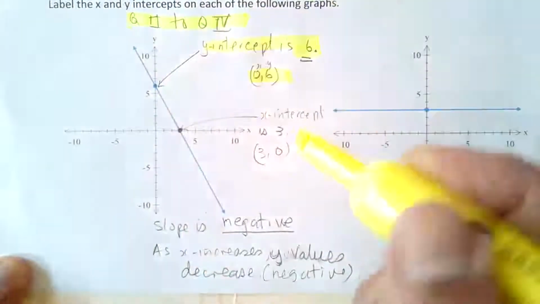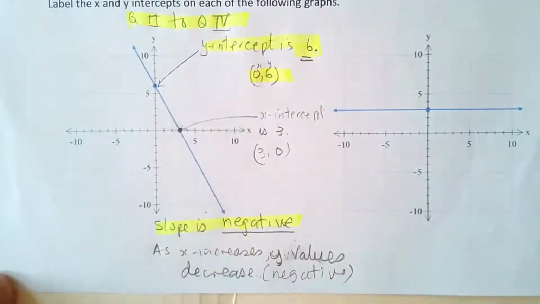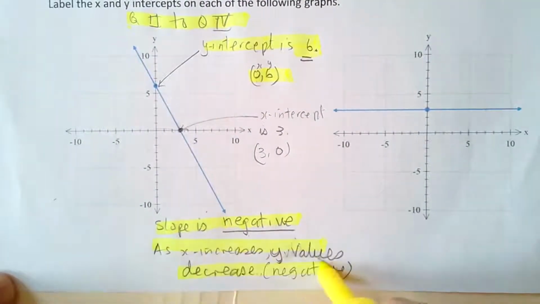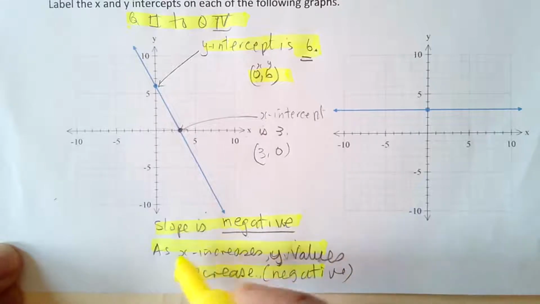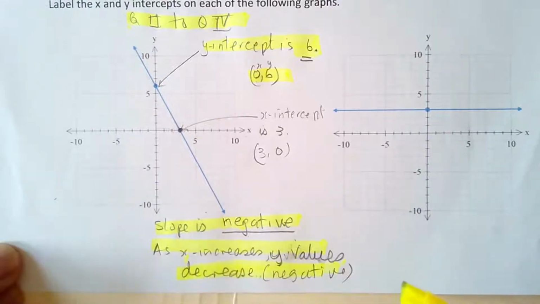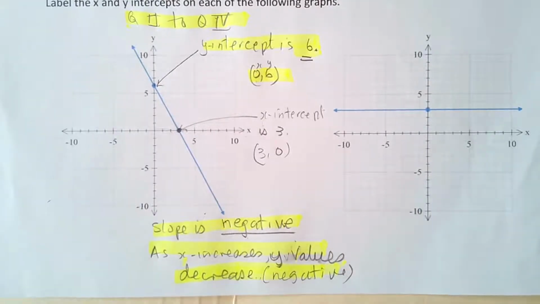Quadrant 2 to quadrant 4 means it is negative. And as x increases, y values decrease, we say negative.